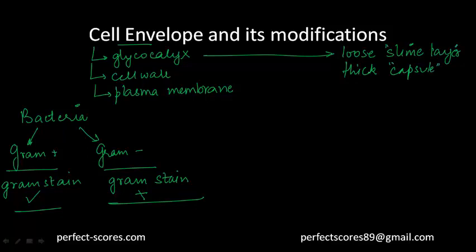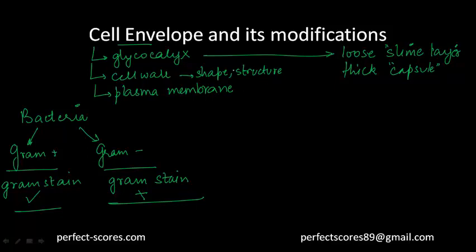And the cell wall, which is the middle one, determines the shape of the cell and what kind of structural support it has. And it also prevents the bacteria from bursting out.